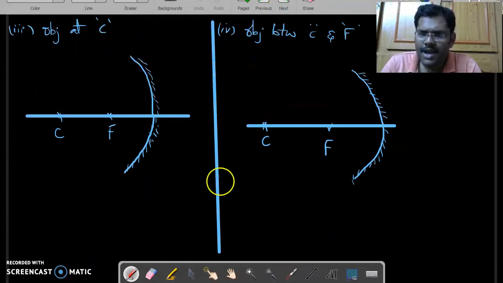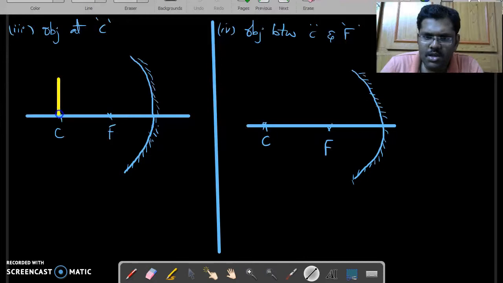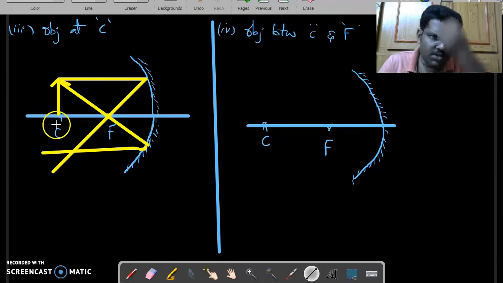When the object is at C, the center of curvature, we need to practice a little bit over here because we need the exact intersecting point at C. Same as usual, first the ray passes parallel to the principal axis and goes through the focus, and the second, which passes through the focus, should go parallel to the principal axis. So the image should be formed over here.